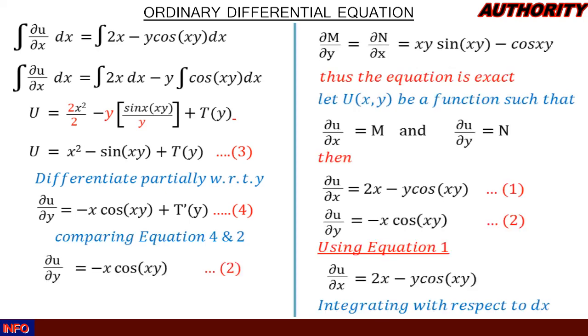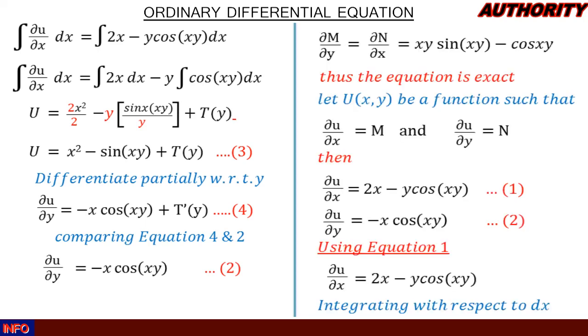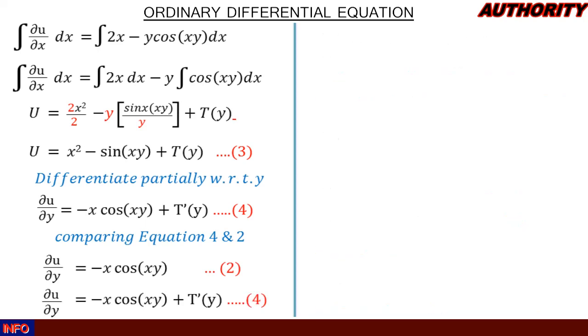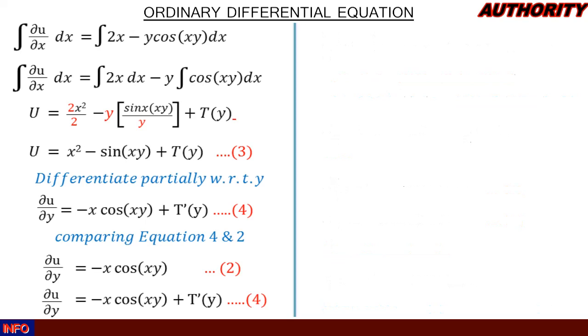Equation 2 says the partial derivative of u with respect to y is equal to minus x cos xy. And then equation 4 says the partial derivative of u with respect to y is equal to minus x cos xy plus t prime of y. Let's compare these two equations together.